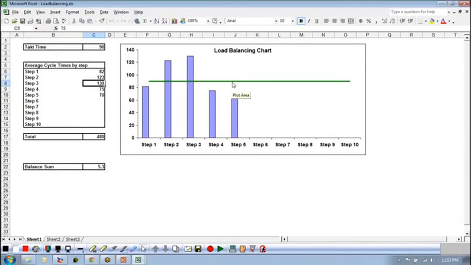In step 2, in step 3, in step 4, in step 5. So the first thing is it gives you a picture of how long things are taking in each step. So it can tell you, okay, if we're going to regulate this, we may want to put more capacity on step 3, or we may want to cross-train people in step 4 and step 3, such that when the people who are working in step 4 are done with their job, they can move over.